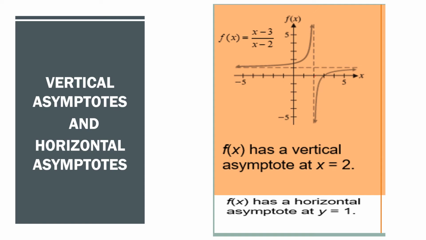So we can say that the line x equal to 2 is a vertical asymptote. The same way, when we draw the line y equal to 1, that again doesn't meet the curves, so that is a horizontal asymptote.